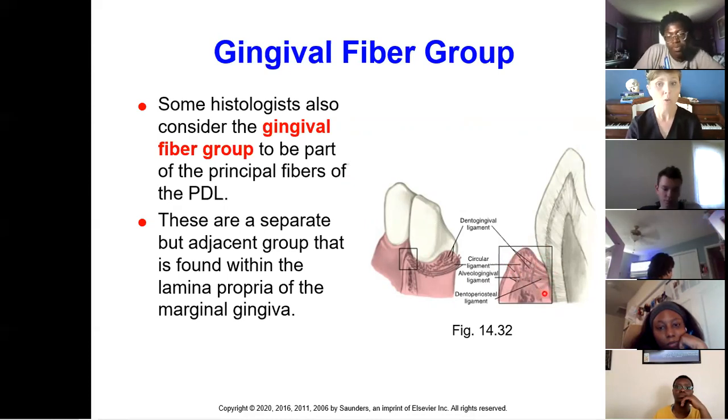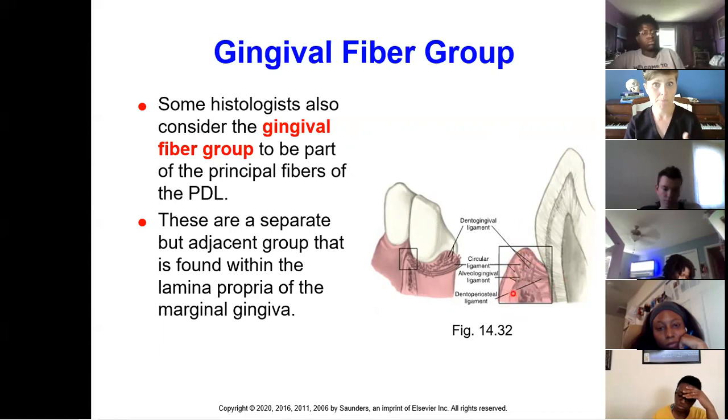So not only do we have ligaments going from bone to cementum, but we also have fibers that go to the margin, to the gingiva. So we have our dentogingival, the ones that go from the dentin into the gingiva up here.